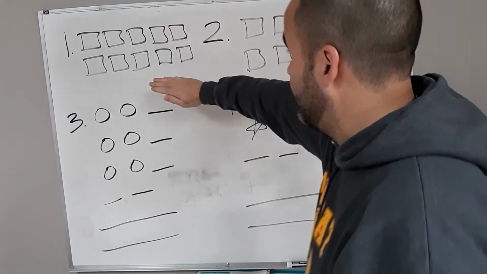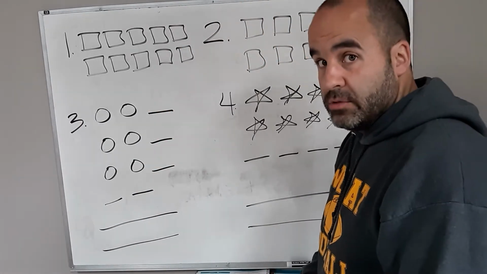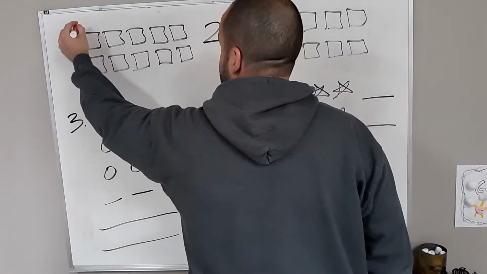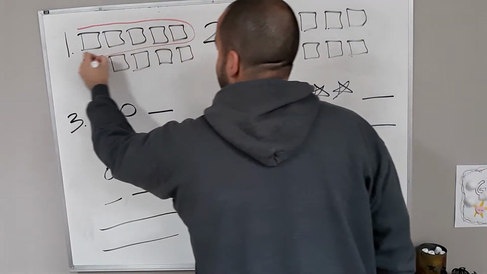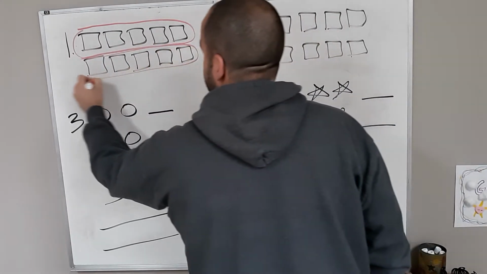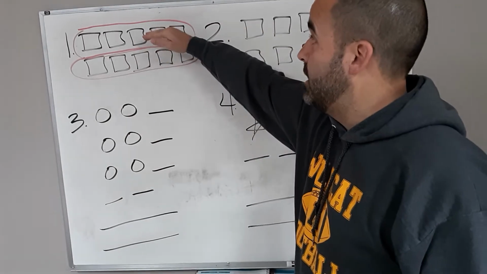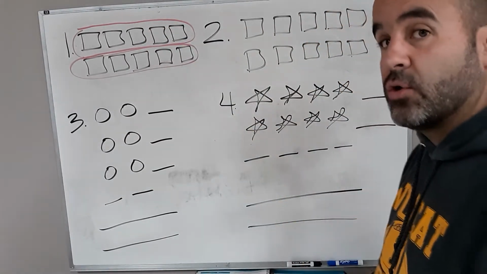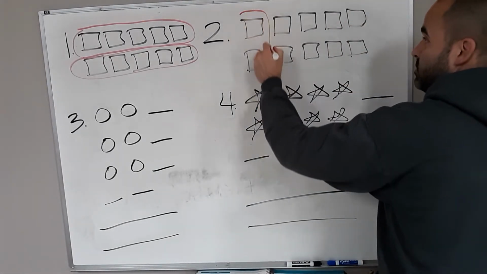So, number 1 on page 369 says, circle the rows. So rows go this direction. So we're going to circle the row. We're going to go, starting here, go all the way and circle it like this. And then we're going to do the same thing and circle that. So how many rows do we have there? 1, 2. 2 rows. Now number 2 says circle the columns. So we circle the columns, we're going to go this way.